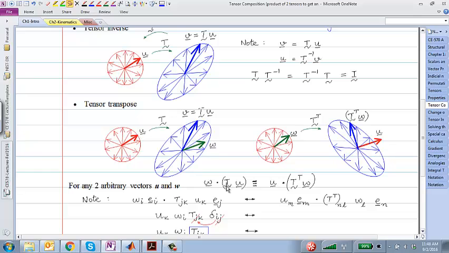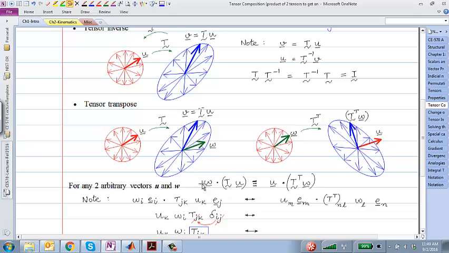Okay. Of course, in matrices or in components, the consequence is that if you flip the rows and columns of a tensor, you get its transpose tensor. The physical interpretation is a bit messy. It's not really very good. There's not a good physical interpretation for this transpose, but I'll give it a shot here. So the idea again is, pick one arbitrary vector u, tensor T acts on it, takes you to Tu, and this resulting vector Tu is going to get a dot product with another arbitrary vector w, and what you're going to get is a scalar, right?